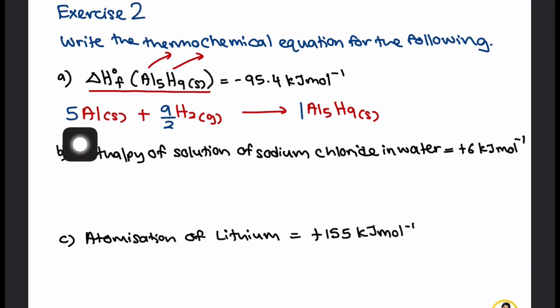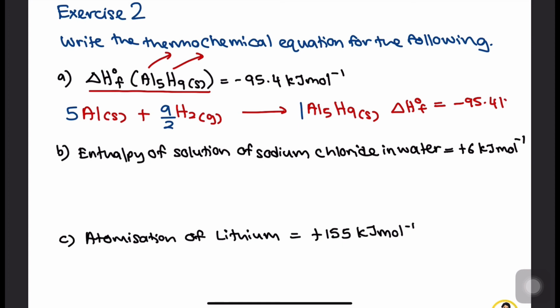Once you have written the balanced chemical equation, convert it into a thermochemical equation by writing the enthalpy value beside it. So it would be delta H0F equals to negative 95.4 kilojoule per mole. So there you have it, a nice thermochemical equation with a balanced chemical equation and enthalpy value all in a single line.